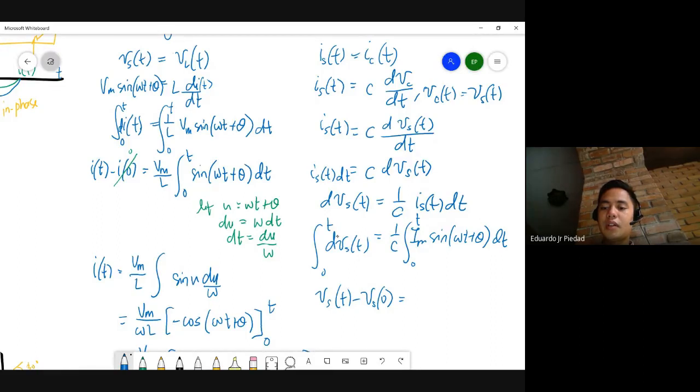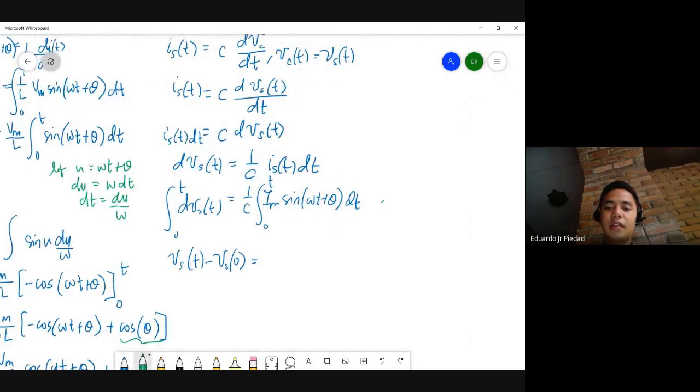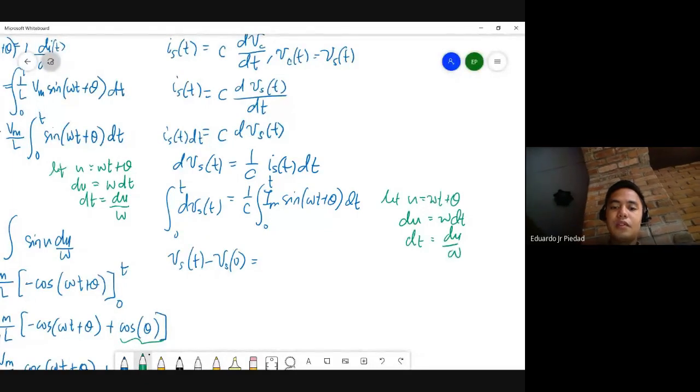1 over C. Now, just the same as with the inductor, let u equal wt plus theta. Now du is equal to w dt, therefore dt is equal to du over w. So here you have negative 1 over wC, and then the integral from 0 to t of sine u.